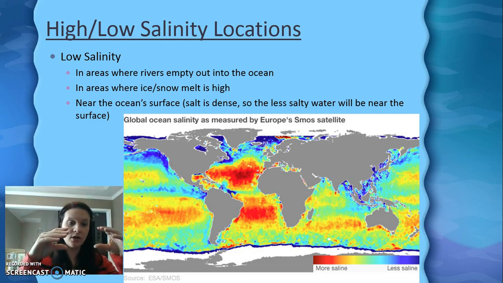So salt water will sink. It's heavier. The higher the salinity, the heavier the water is, so it sinks down to the bottom. So sometimes in some pretty still parts of the ocean, you'll find a very shallow surface zone that is slightly less salty. But they're pretty hard to find.